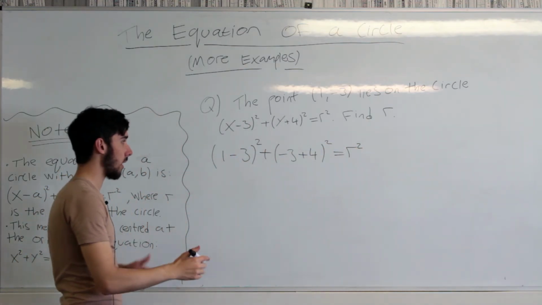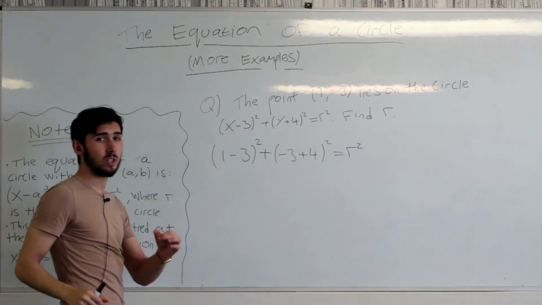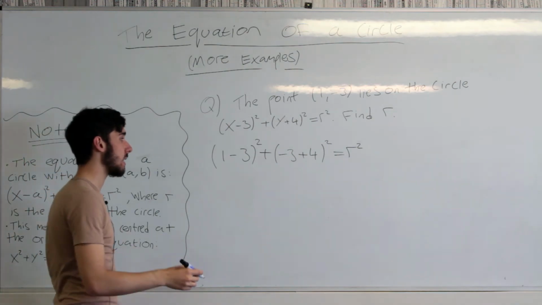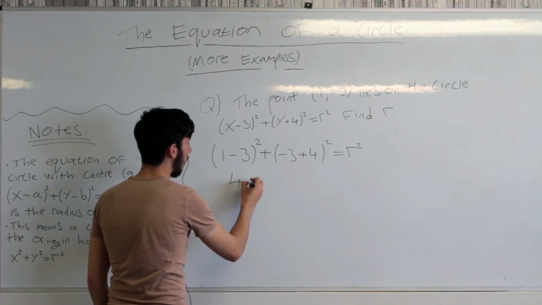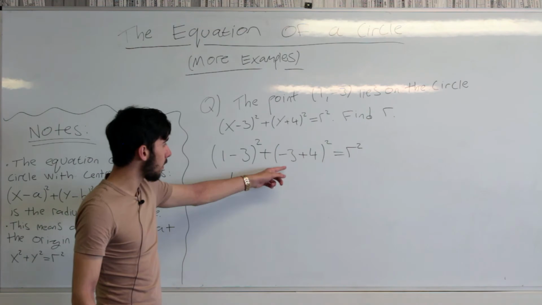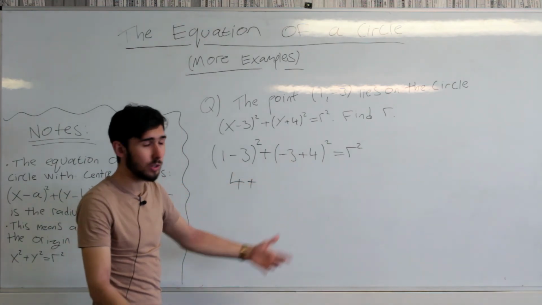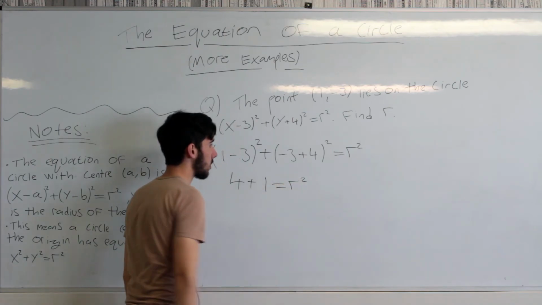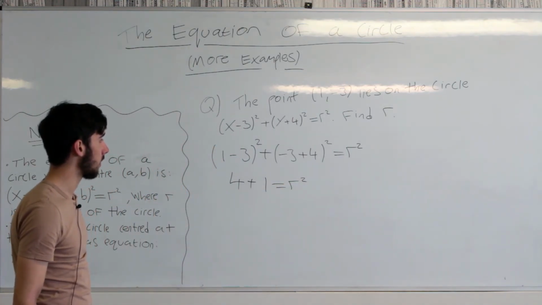And we just need to simplify. So 1 minus 3, that gives us negative 2, but negative 2, in brackets, squared is 4. So that is positive 4 plus, this is minus 3 plus 4, that just makes 1. 1 squared is just 1, is equal to r squared, just like that, okay?